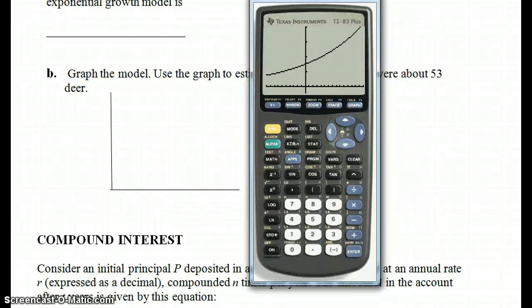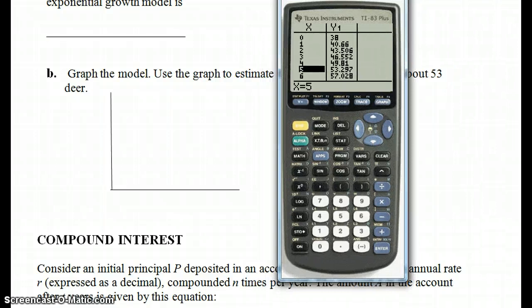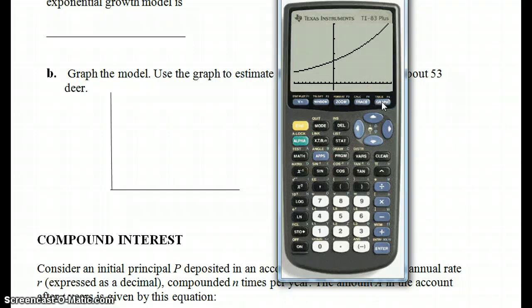So now when you get your graph, you can kind of do one of two things. You can pencil it in. You can hit second table and get some values here. You can see as the values are going up, the graph goes up rather swiftly.